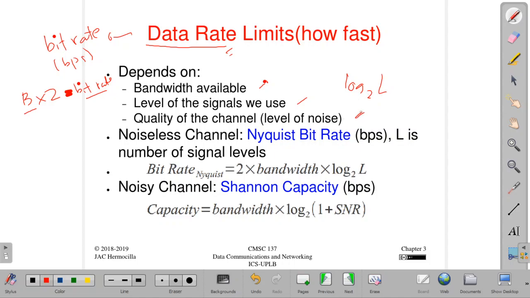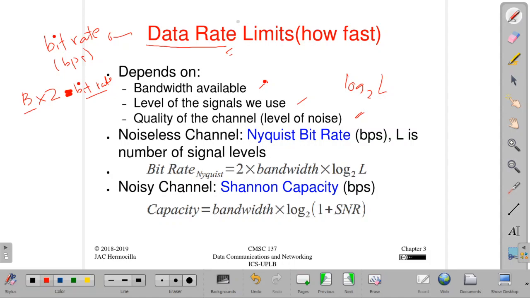And of course, the quality of the channel. For example, if the channel is a fiber optic cable with very low attenuation, then the intensity of the signal will not be affected, and there will be no errors when it comes to the interpretation at the receiver end.